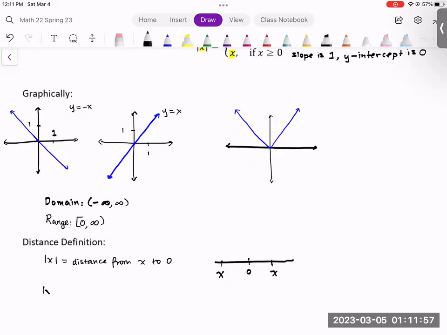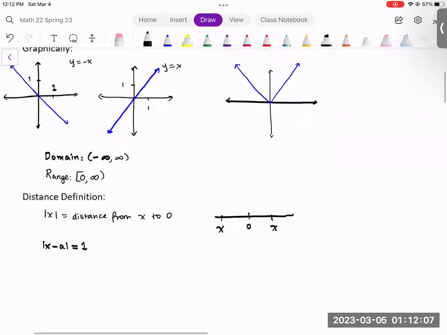A common way of thinking about this is, if we know, for example, that the absolute value of x minus a is some distance, let's put in a number: the absolute value of x minus 3 equals 1. This is saying that x minus 3 is distance 1 away from 0.